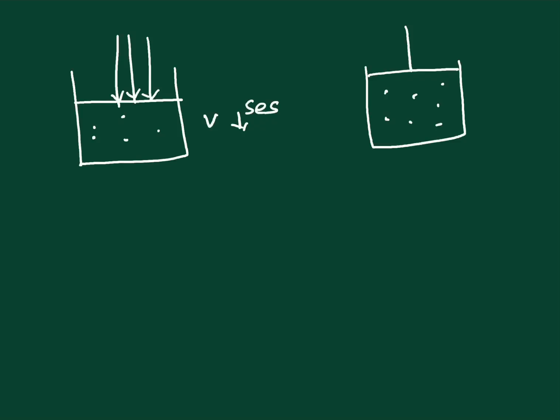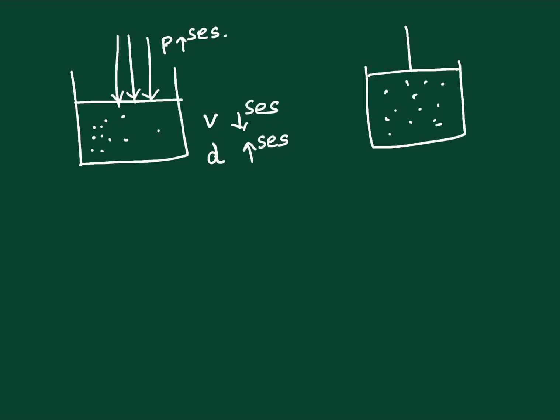The particles come closer to each other. Now, when the particles come closer to each other, that means the density has increased. So, when pressure increases, density also increases.